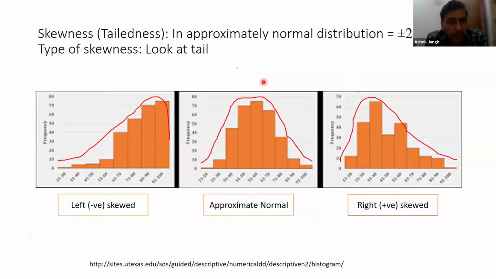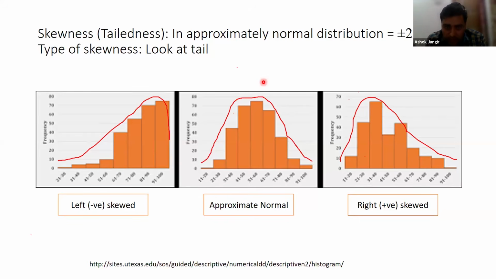For the type of skewness, we look at the tail. If the tail is on our left side, it is called left skewed. In between is an approximately normal distribution. And if the tail is on our right side, it is called right skewed.